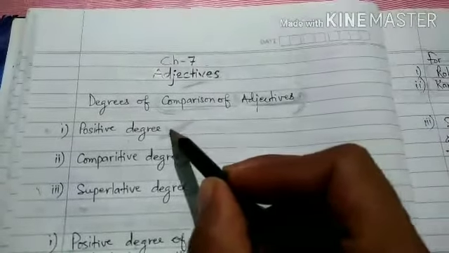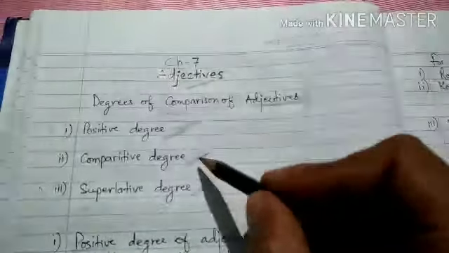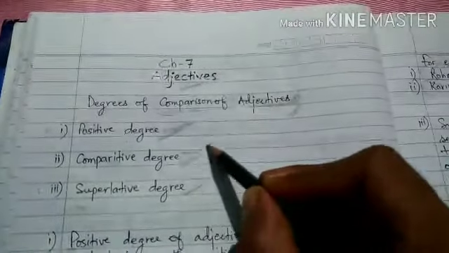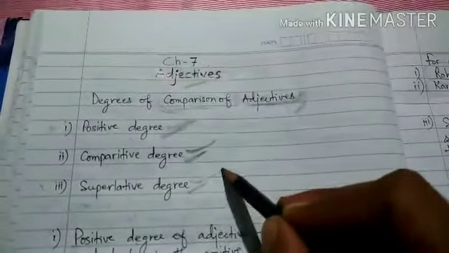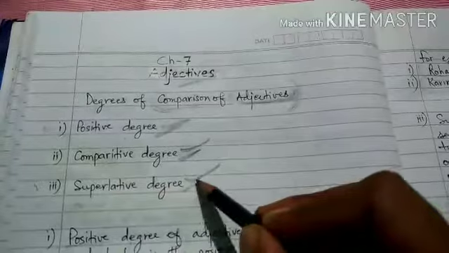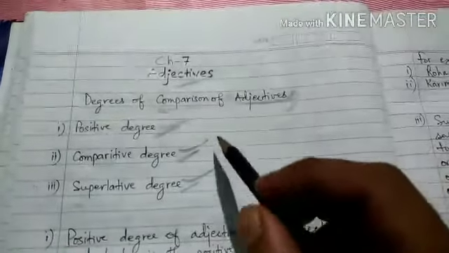In what way do we bring their comparison? We have to understand what the positive degree is, how we compare nouns or pronouns in the comparative degree, and how we compare a noun or a pronoun with another noun or pronoun in the superlative degree. This we will understand in this video.